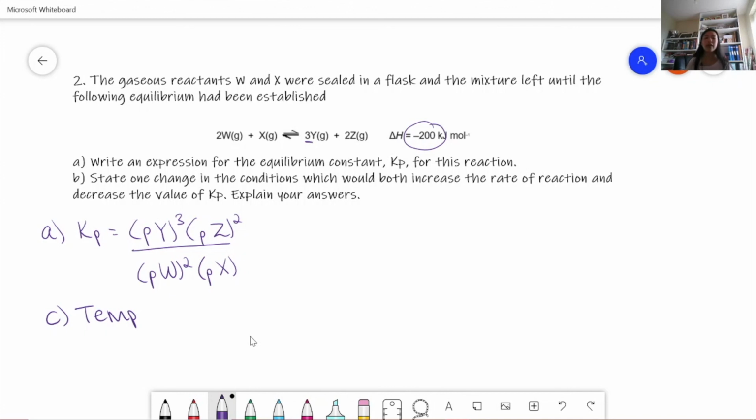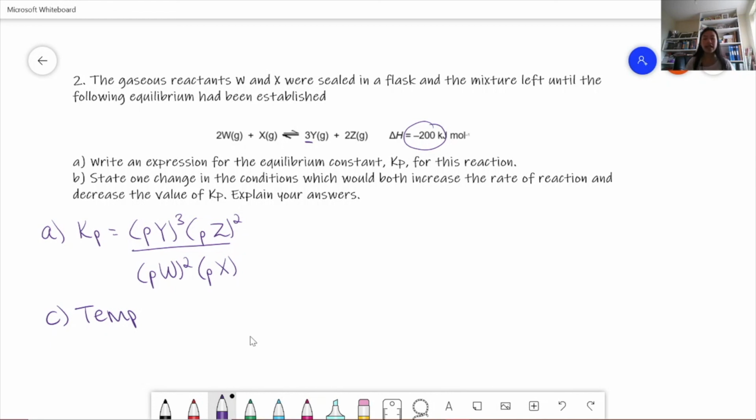So it favours the endothermic reaction. In this case, that is the back reaction. And so there are more reactants formed because the equilibrium has shifted to the left. And so because there are more reactants which have been formed, that means that the value of the bottom of the fraction for Kp is much bigger. And so our value for Kp decreases.